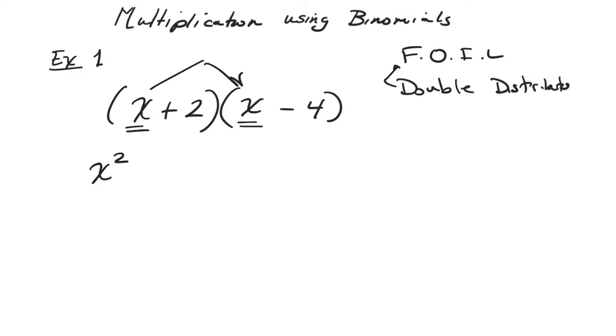But then I have to do double distribution. I don't just look for x's and x's, I must distribute that x again over to the second term. So x times -4 is -4x. You can't forget that. It's an important process.